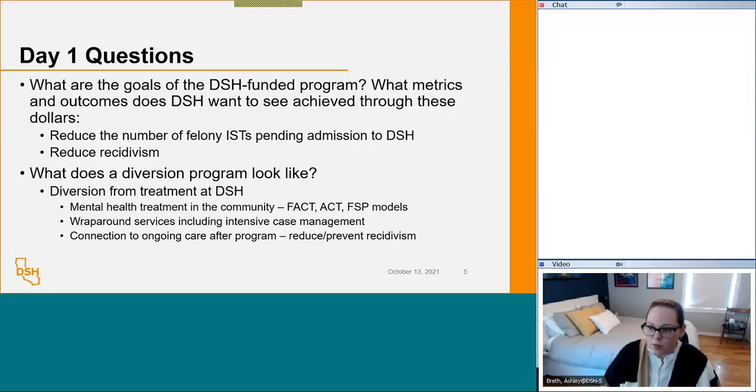So first of all, how many people are successfully completing these programs and how many aren't. And after completion of these programs, what happens to them? Do they get rearrested? How often? What types of charges? Is there more time in between arrest dates? Things like that. So we'll be looking at how these programs are working to reduce those rates of recidivism.